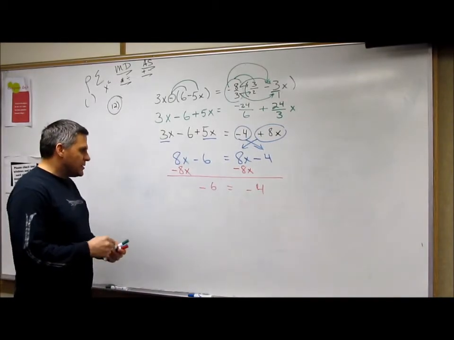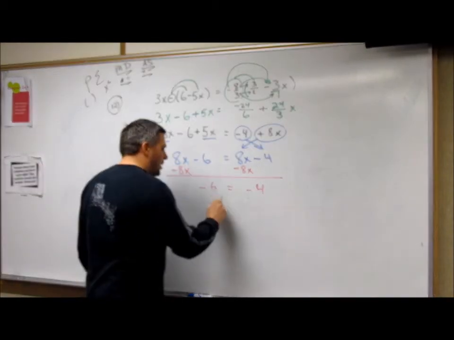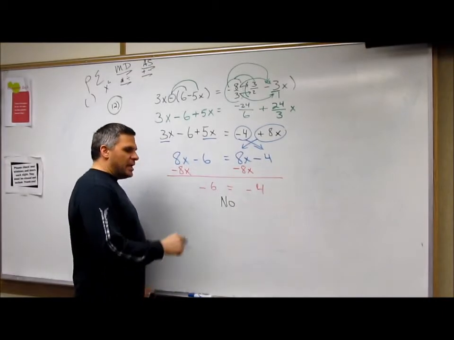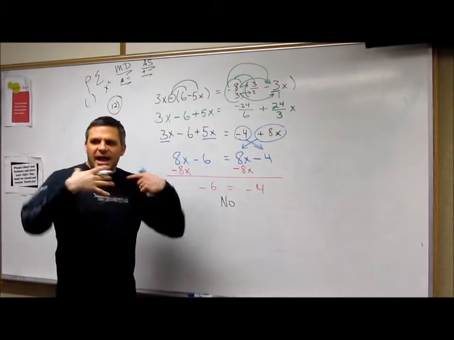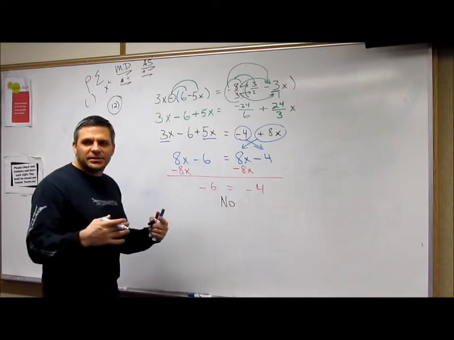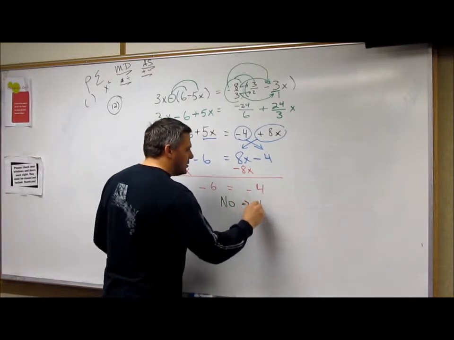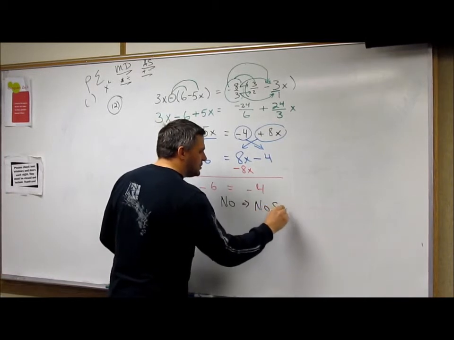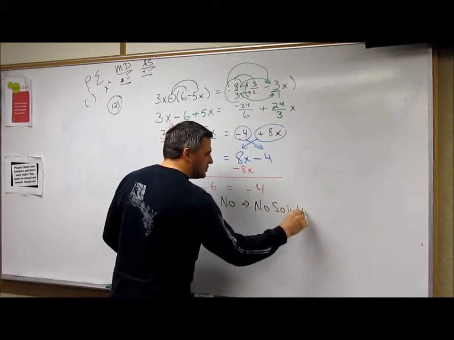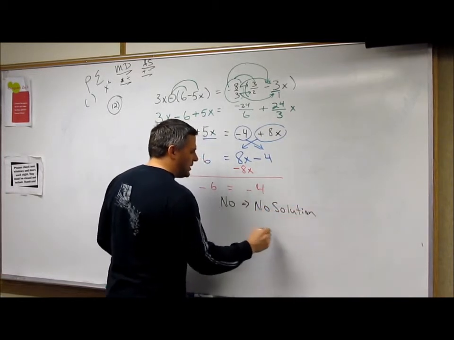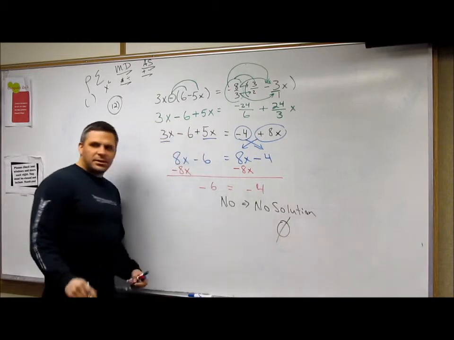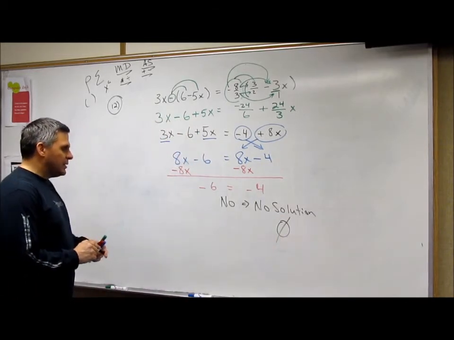No. So no is your answer. It's always half of the solution. And in this case, no implies no solution, which can be written with a 0 and a slash through it.